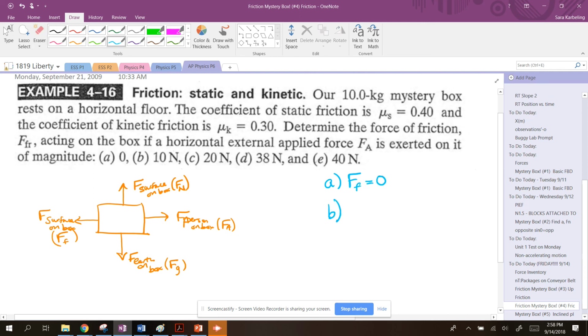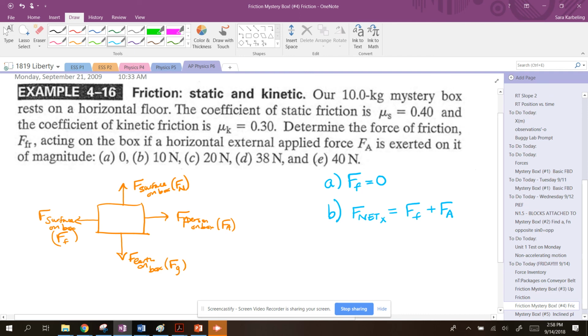How about for B? Let's write down an F-net equation in the x direction. What forces are acting in the x direction? Friction, perhaps, and what else? The applied force.